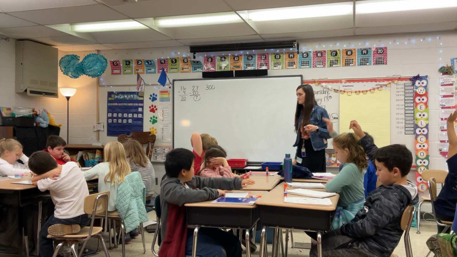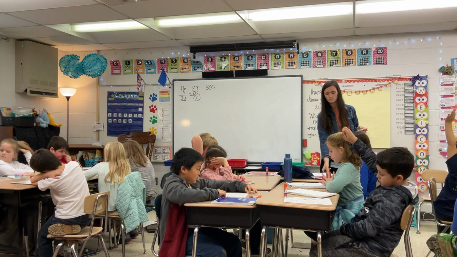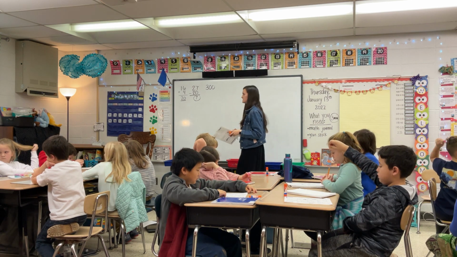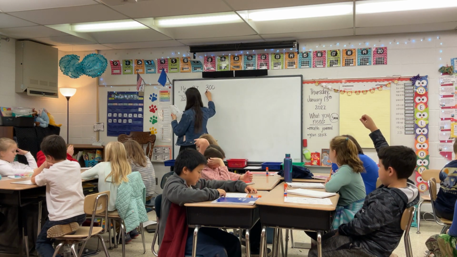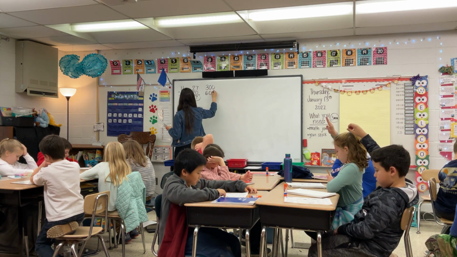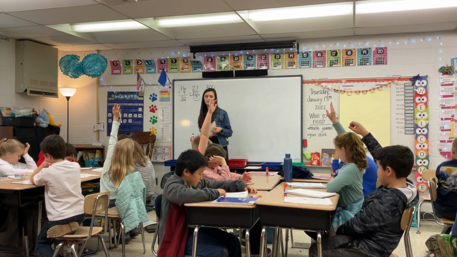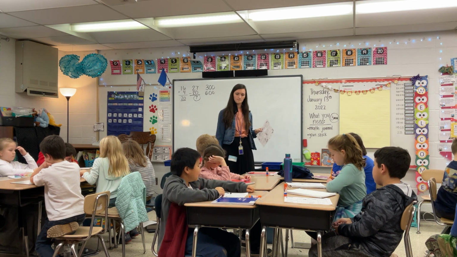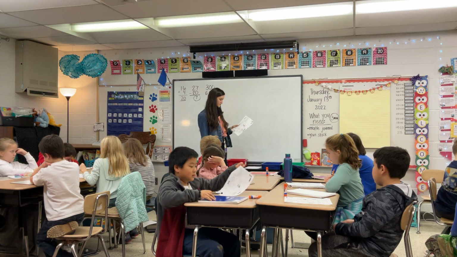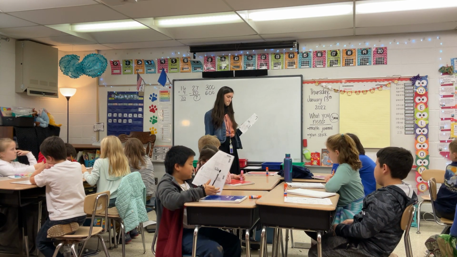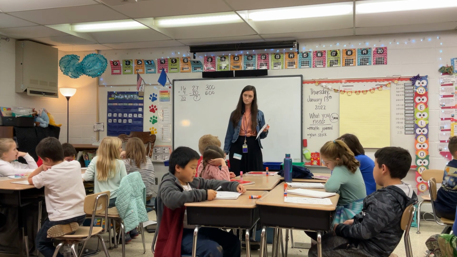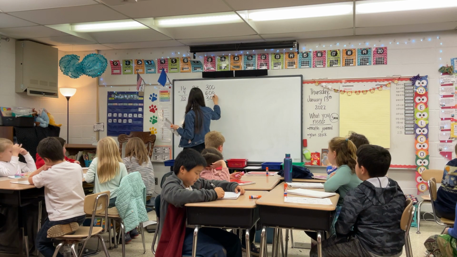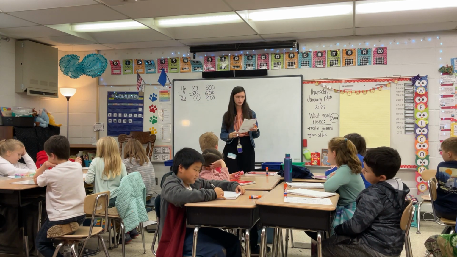Brady. 600. Bingo. Last one is 256, rounded to the nearest 100. Yes, Aiden. 300. Yep. So 300, 600, 300 are the answers.